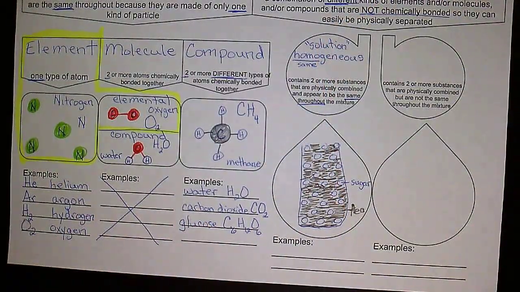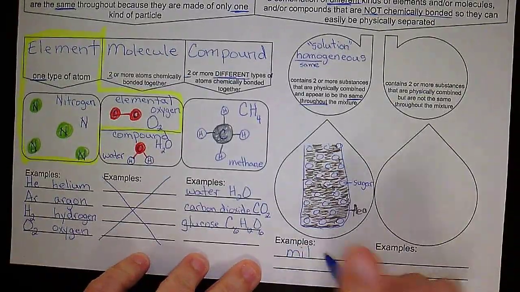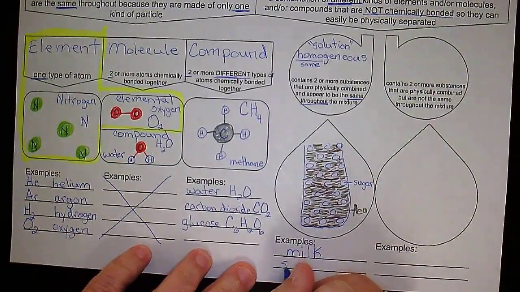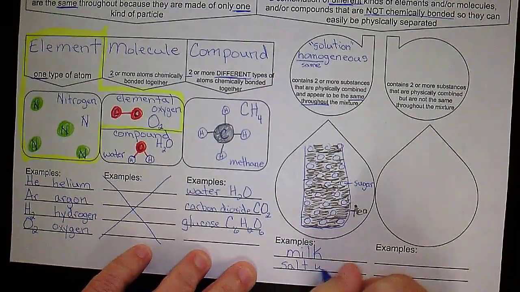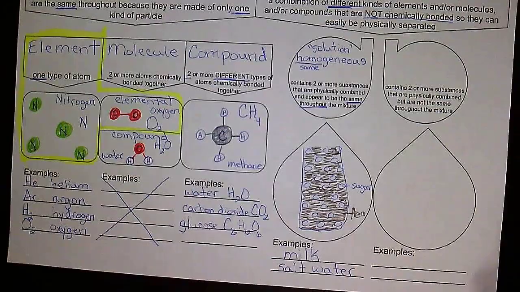All right, some examples. Another one, when you go to the store and you buy milk, it's homogenized milk, meaning that it doesn't separate into the cream and the milk. It's all the same. So it is homogeneous. Salt water is another example. You go to the beach and you get some salt water. The salt water is the same amount of saltiness all the way through it.